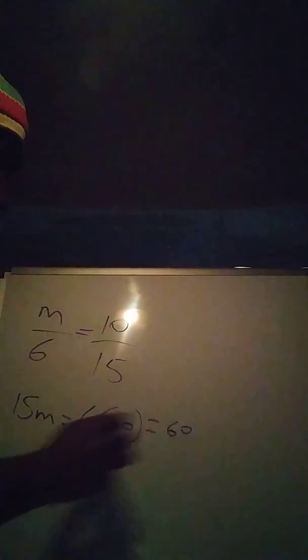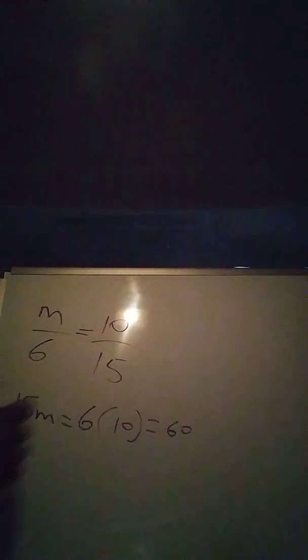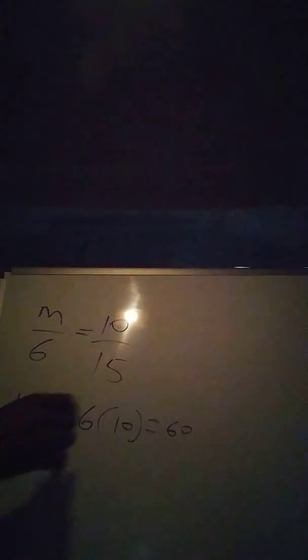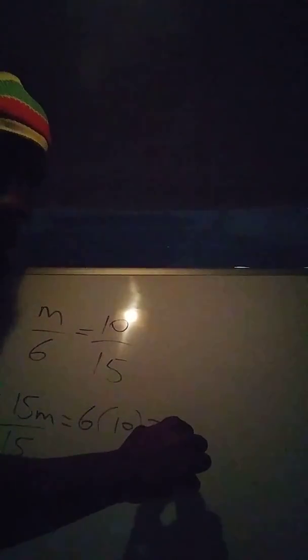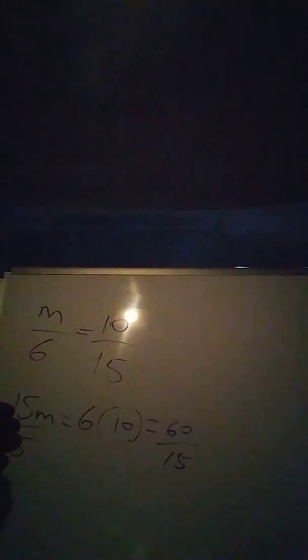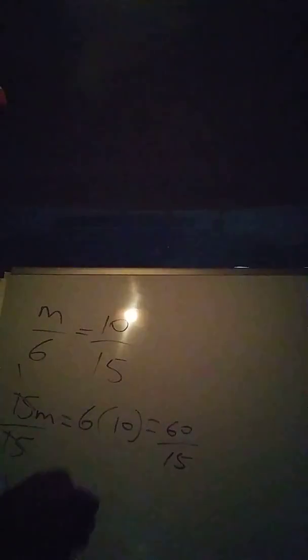Which is 60, right? So 15 times something gives us 60. Okay, now, how do we determine what the m is? Well, we divide both sides by 15, and we're going to figure out what m is. 15 into itself is 1, 15 into itself is 1, so m equals what? 60 divided by 15, which is 4. So therefore, m is equal to 4, okay?